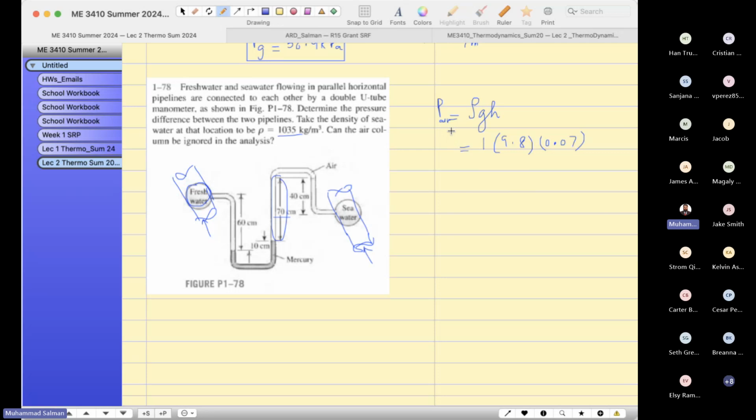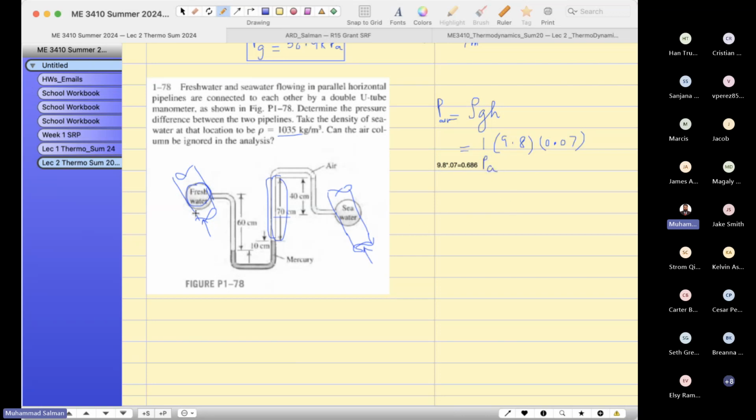I'm going to show you in a moment. Before I go further, I want to just calculate it for you. 9.8 times 0.07. This is in Pascal. The pressure of this column, the pressure head, is 0.686 pascals.